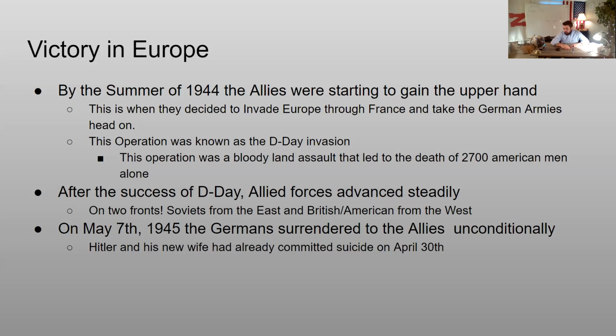Eventually, by the end of World War II, when the Germans surrender, the Soviets have squeezed in on Germany so much, as well as the Allies from the west, that they have surrounded the capital city of Berlin, and they just start pounding the city with artillery and bombing it out. Now, that is when Germany really decides that there's nothing that they can do.